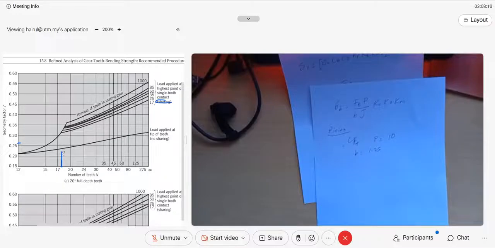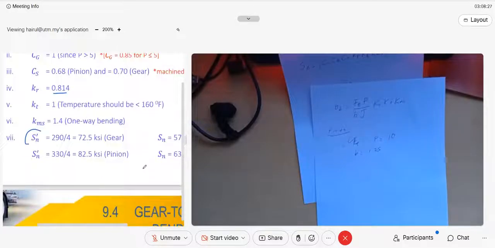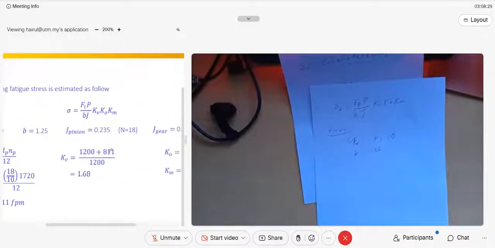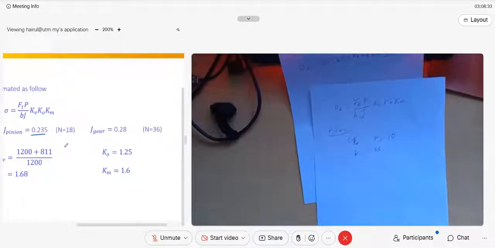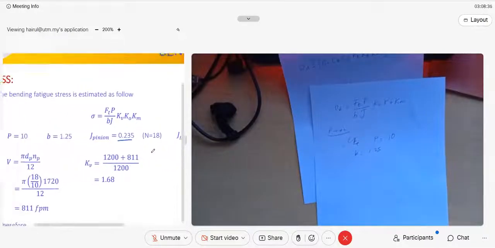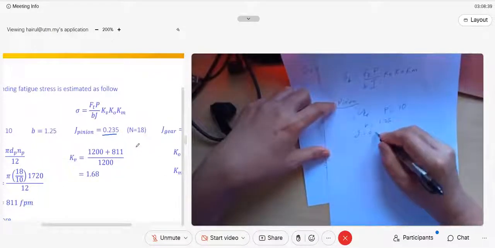So 18 intersects with this line, and we get the value here, 0.21, 0.23. So the J for pinion is 0.235, roughly 0.23.